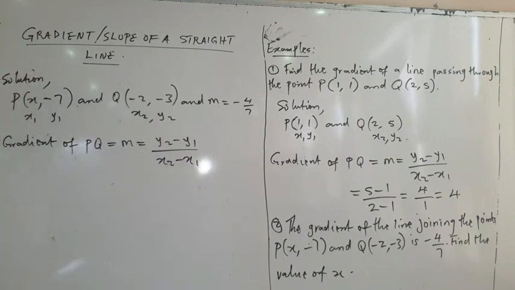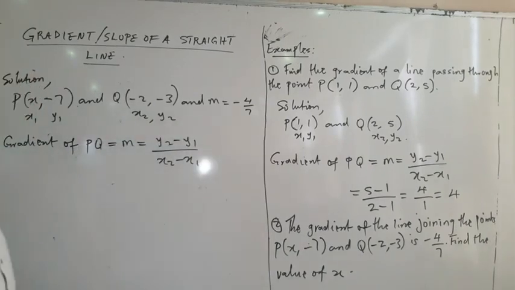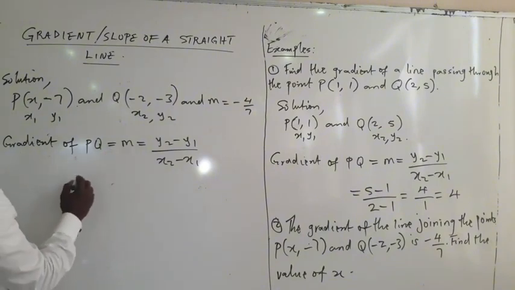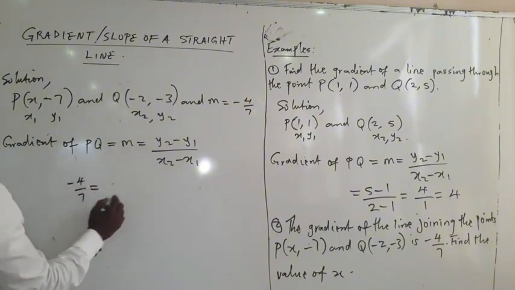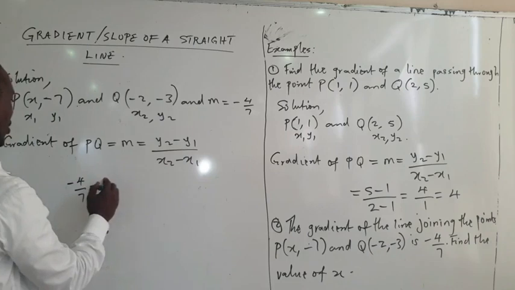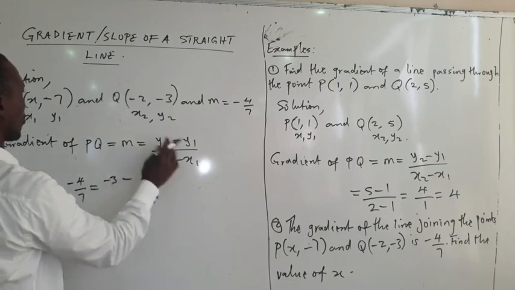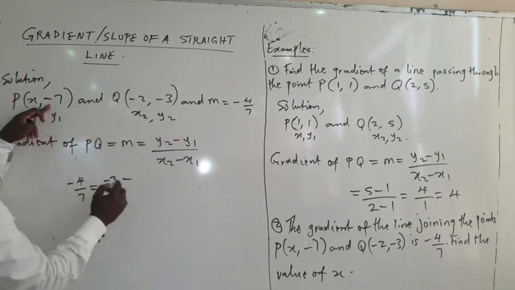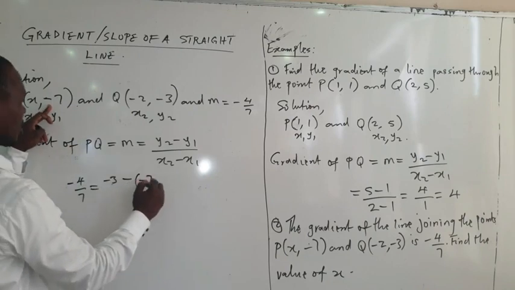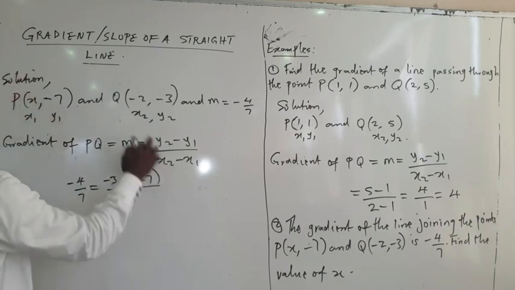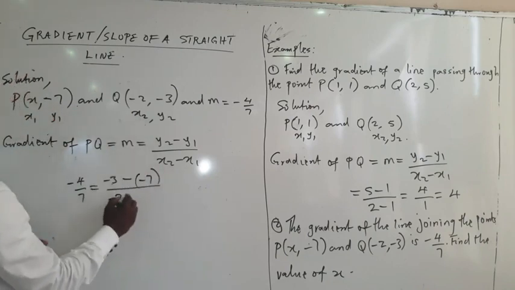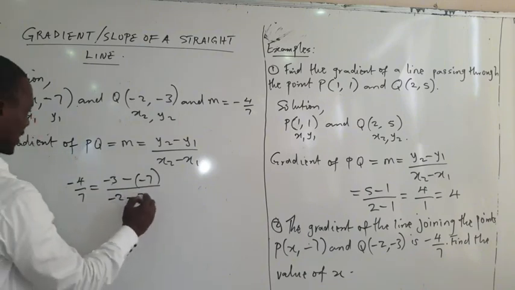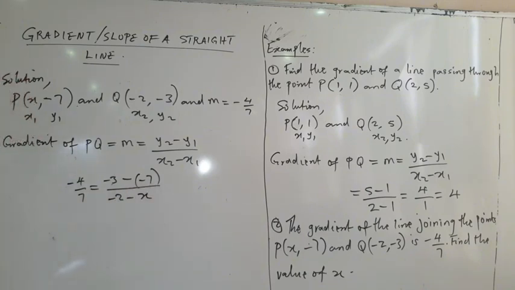So if you look at the data given, gradient is known to be minus 4 over 7. So we have minus 4 over 7 equals y2, which is minus 3, then minus y1. y1 is minus 7, so minus minus 7 all over x2. x2 is minus 2, then minus x1, that is x. So the next thing to do is to simplify.